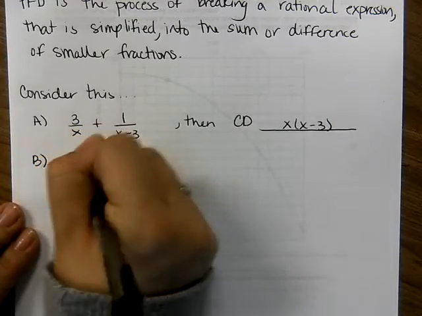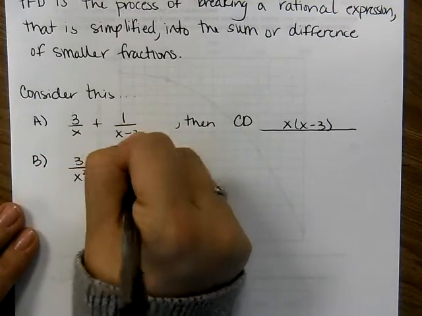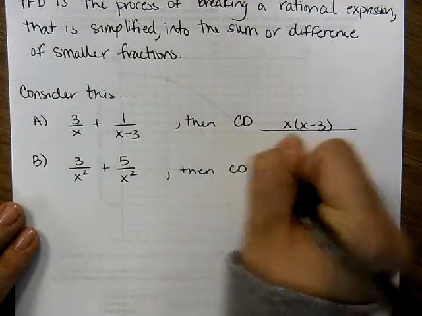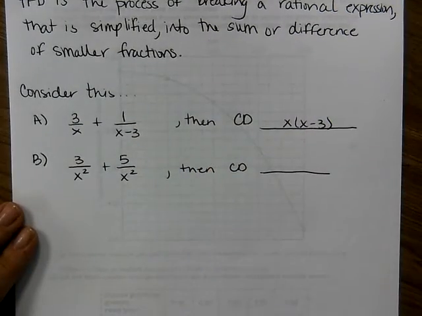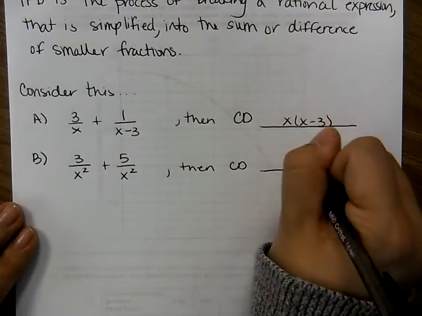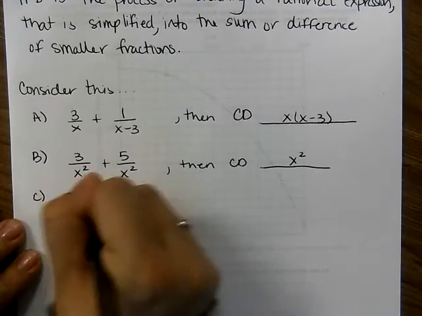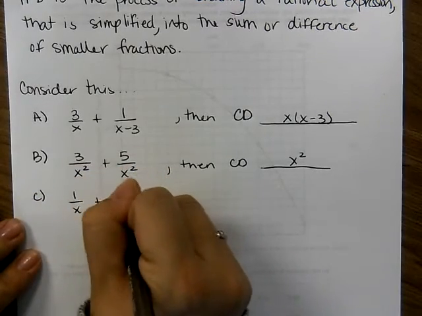Okay. What if you have 3 over x squared plus 5 over x squared? Then what's your common denominator? It should be pretty obvious. Yeah, x squared, right? What if you had, let's say, 1 over x plus 2 over x squared?